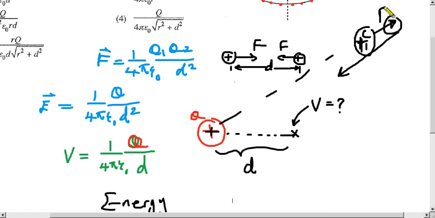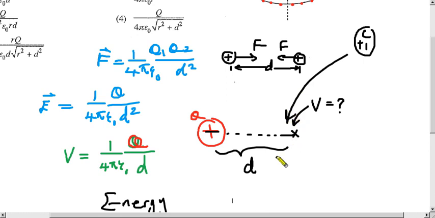Overcoming this opposite force, we have to push it with a greater force than the repelling force. So we have to spend some amount of energy, because it is difficult under repelling conditions. We have to bring it here, so we have to spend some energy.